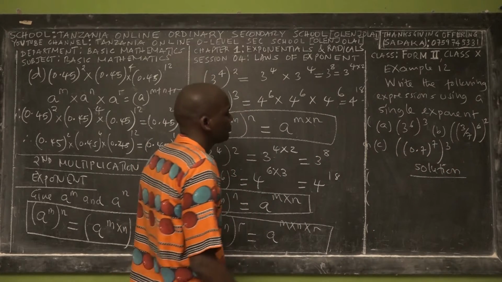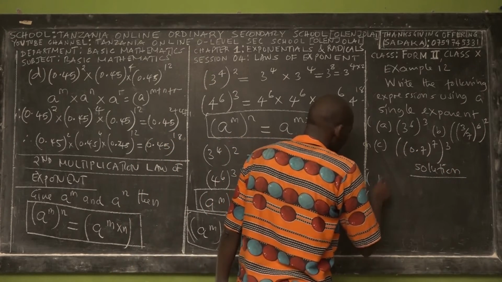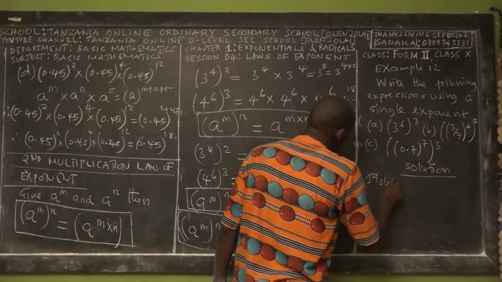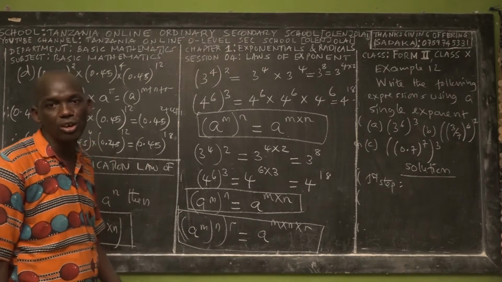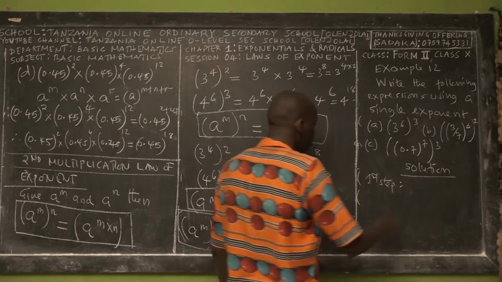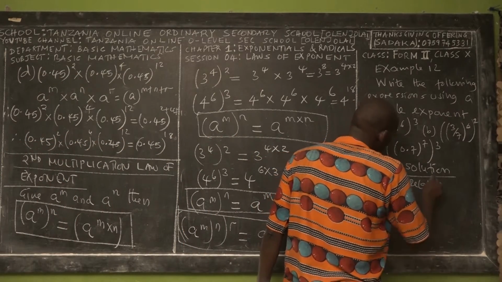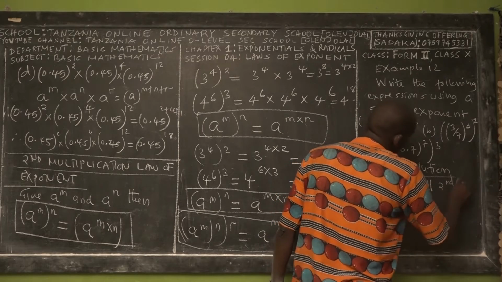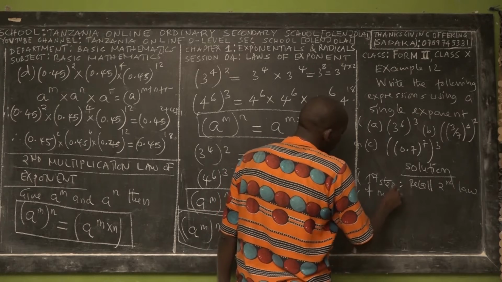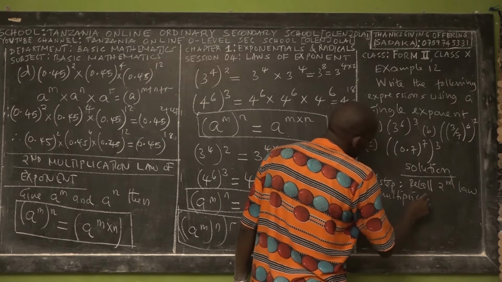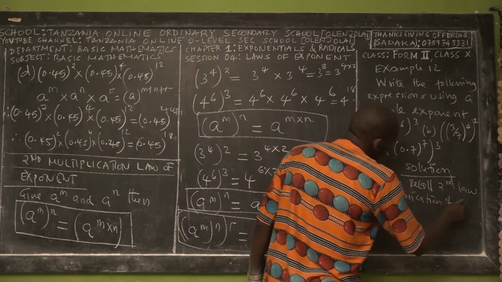Solution. The first step: whenever you encounter any place of exponent, you have to think what law you should recall. You have to recall the second law of multiplication of exponent.